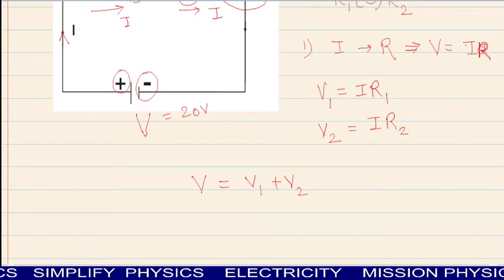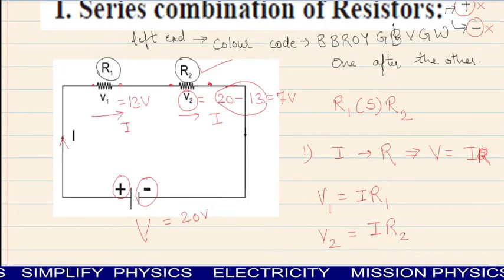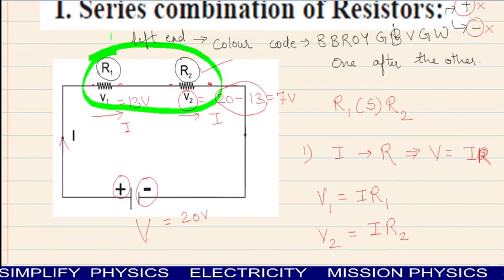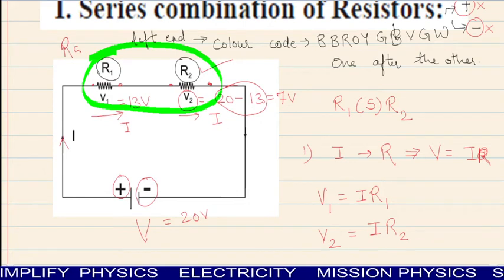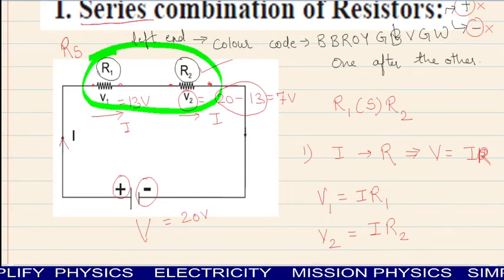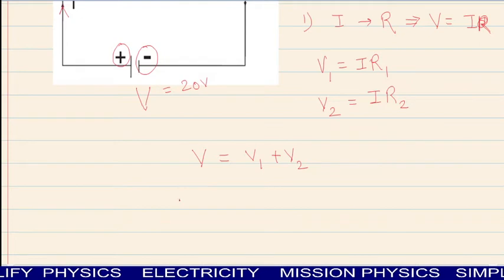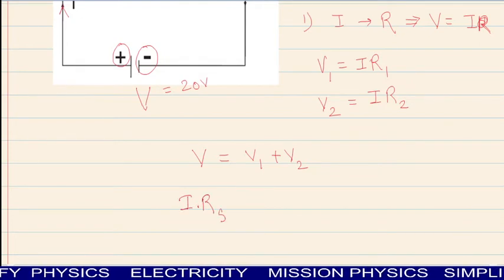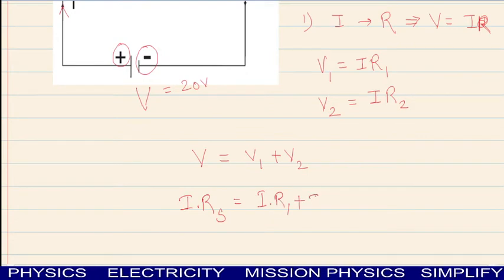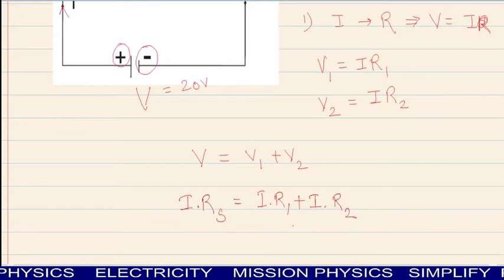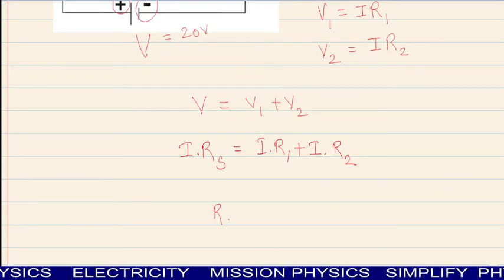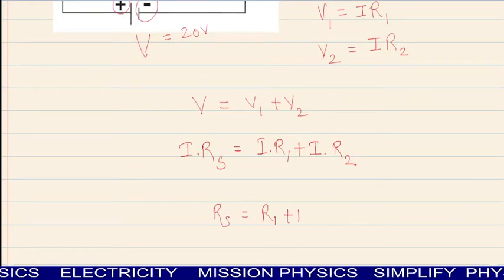Now we put the values. Let's assume that the total resistance offered by the combination of R1 and R2 is Rs. The S subscript stands for series. Now as soon as you put, in place of V, I into Rs from Ohm's law, and in place of V1, I into R1, plus in place of V2, I into R2, I will cancel from both sides and we get Rs equal to R1 plus R2.